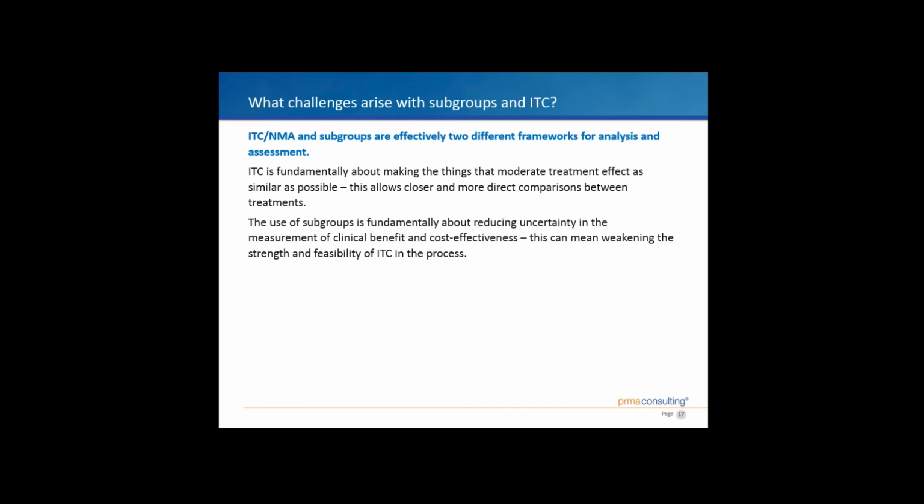And that allows closer and more direct comparisons between otherwise unconnected drugs. On the other hand, subgroups are fundamentally about reducing uncertainty in the measurement of clinical and cost effectiveness, and this means weakening the strength and the feasibility of ITC in the process. They can be completely orthogonal at times.